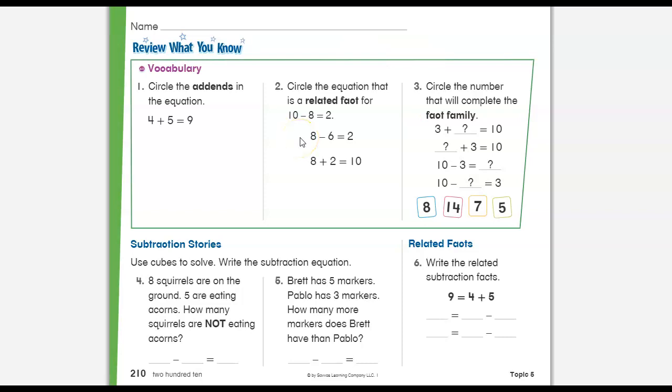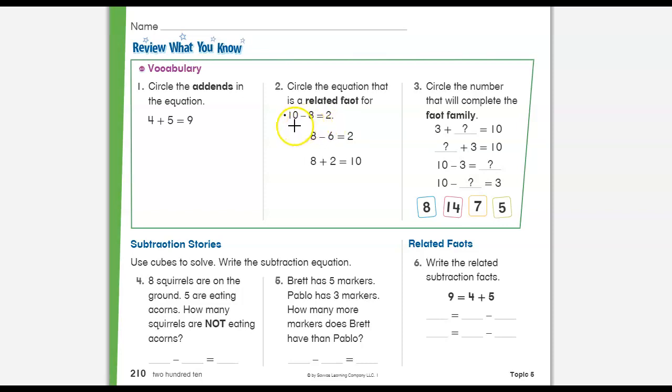Which one of these equations is related to 10 minus 8 equals 2? Look closely at these two equations.